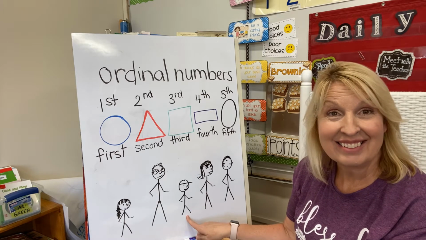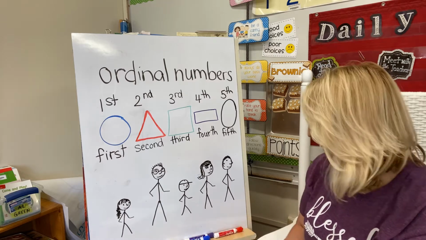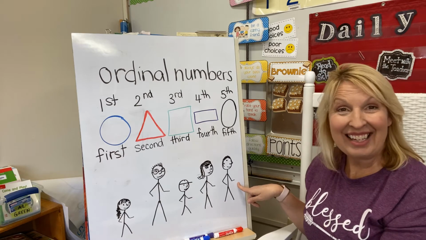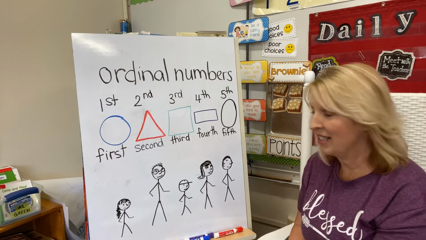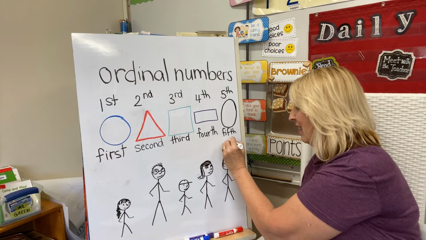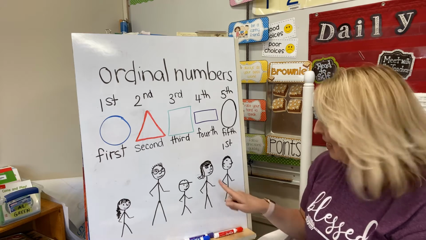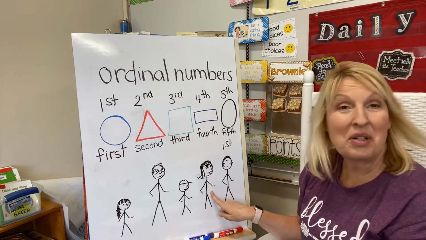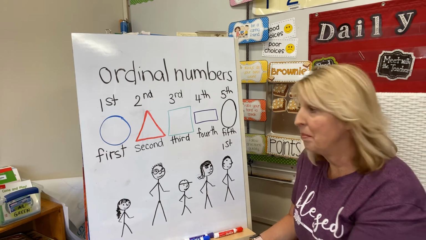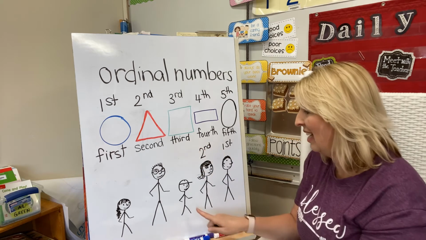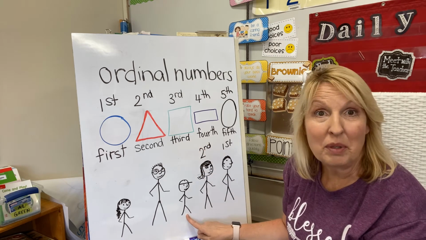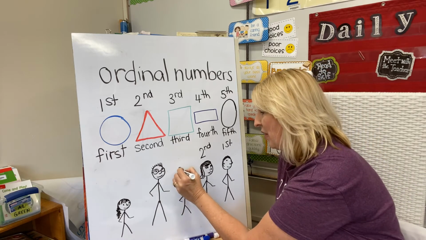This guy? No. Did you say this guy? Yeah, this guy would be the first. And then if we go to the next person in line, this lady would be the second. The little boy would be the third.